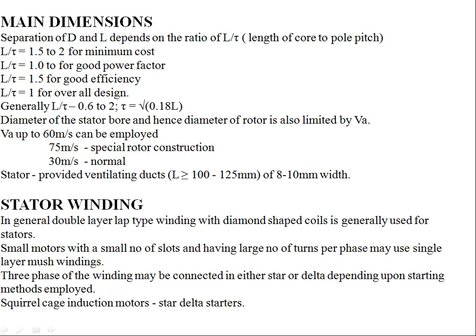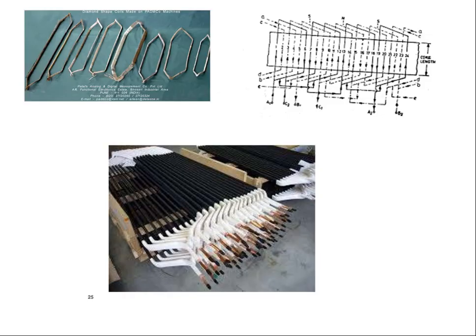The wound rotors are started by putting resistance in the rotor circuit, so for wound rotors they can be connected either star or delta. These are the coils that are ready to go into the slots.